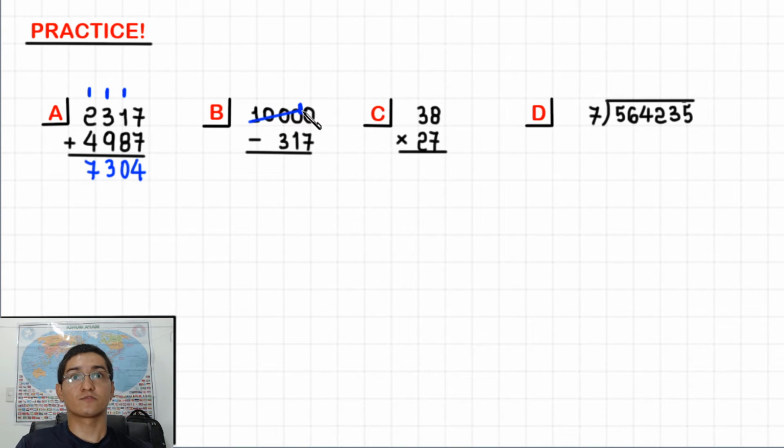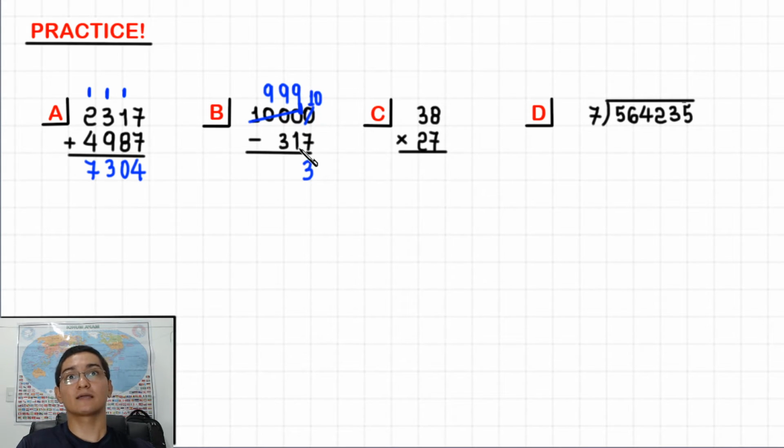Taking 1 out of 1,000, now I have only 999 here. The one that I took from 1,000 is worth 10 here. Here I had 0, now I have 10. And then I subtract. What is 10 minus 7? That is equal 3, because 7 plus 3 equals 10.